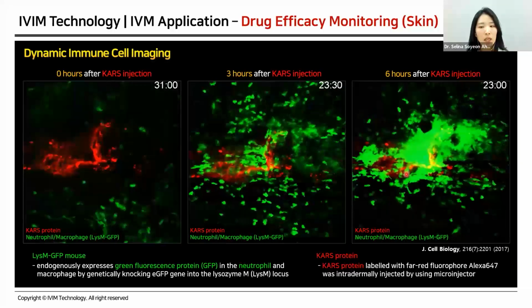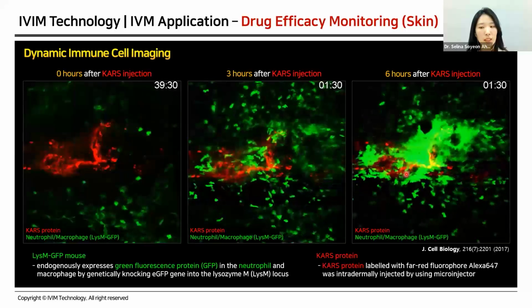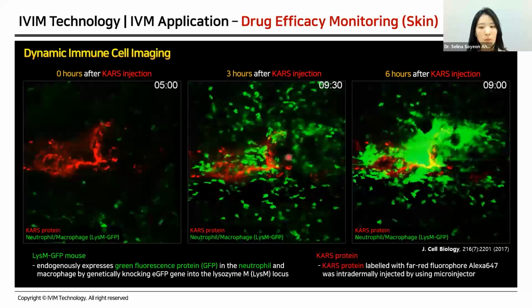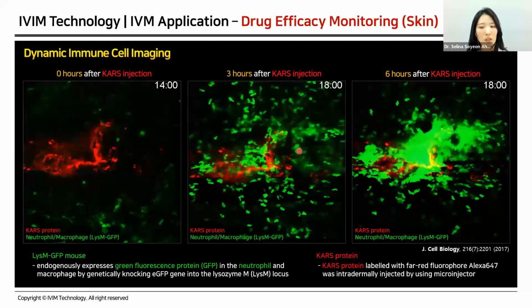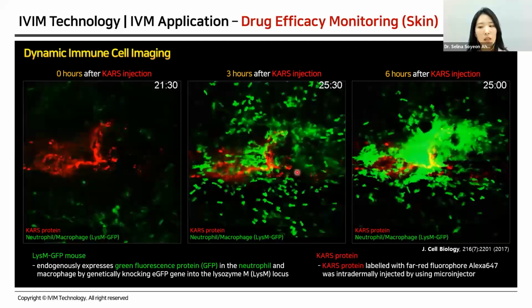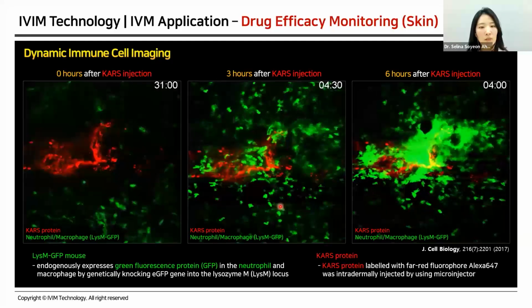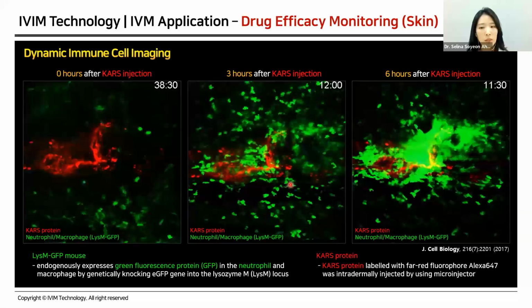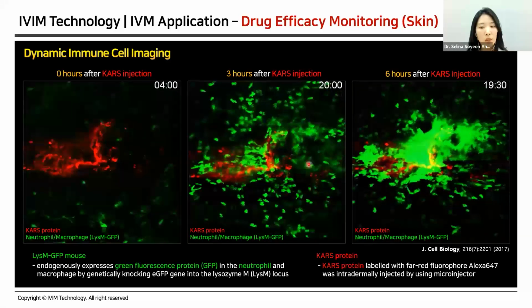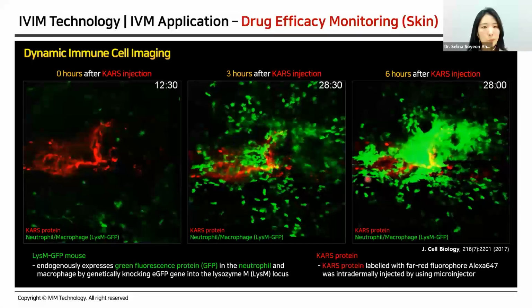A time-lapse in vivo imaging showed the active recruitment of the macrophages and the monocytes to the injected KRS. Then it finally enables in vivo analysis of the inflammatory effects of the therapeutic material.